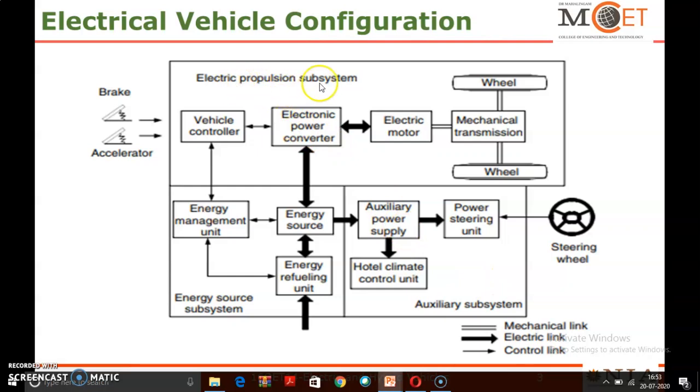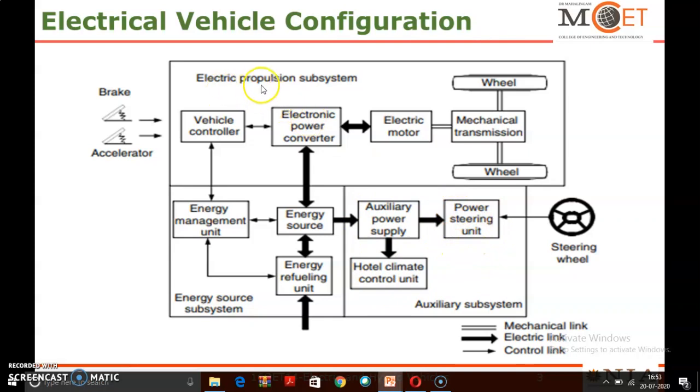The electric propulsion subsystem consists of vehicle controller, power electronics converter, electric motor, and mechanical transmission system to which electric wheels have been attached. The energy source subsystem consists of energy management unit, energy source, and energy refueling unit. The auxiliary subsystem consists of auxiliary power supply, hotel climate control unit, and power steering unit.